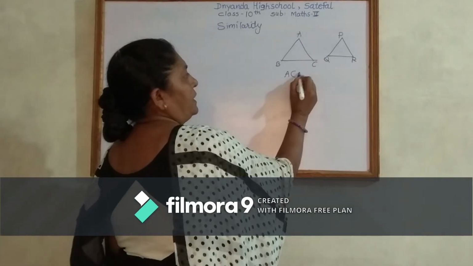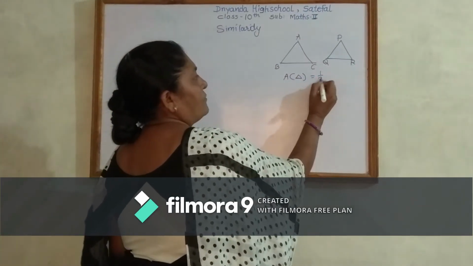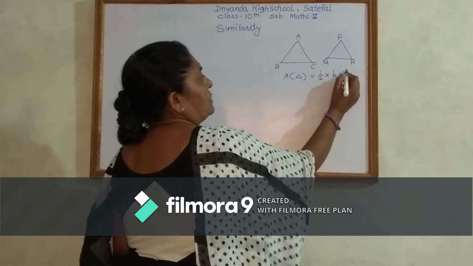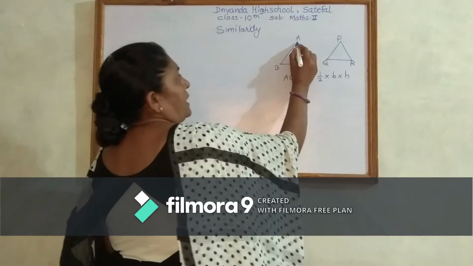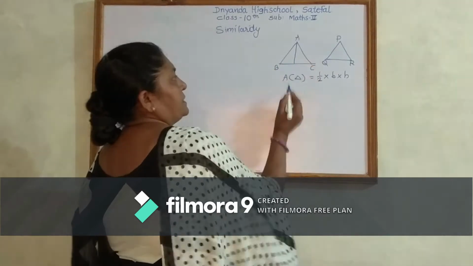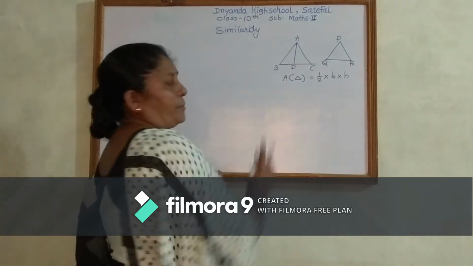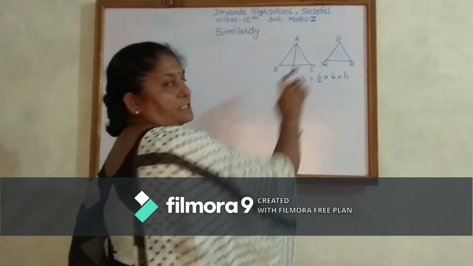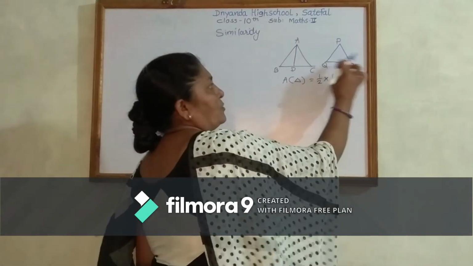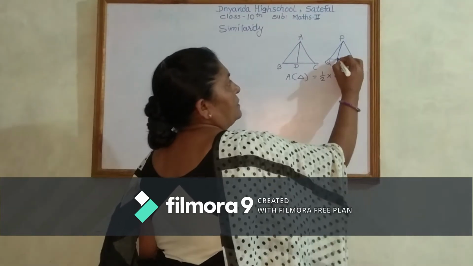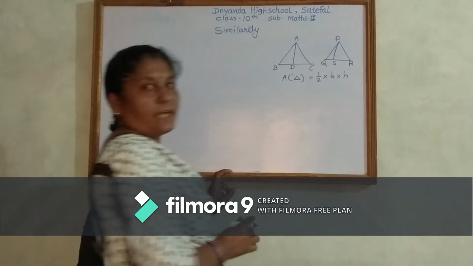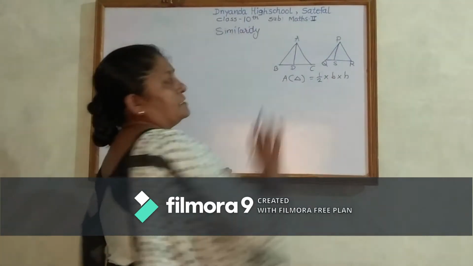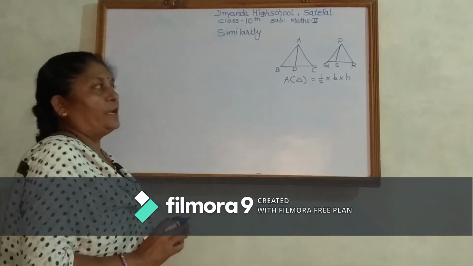In triangle ABC, AD is perpendicular to BC, so AD is the height and BC is the base. In triangle PQR, PS is the height and QR is the base.